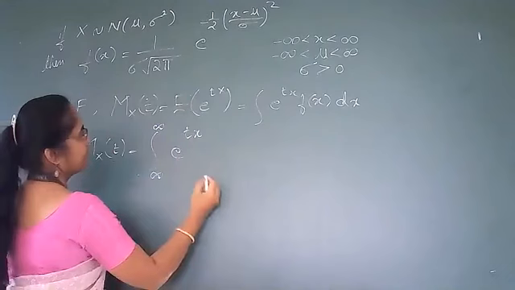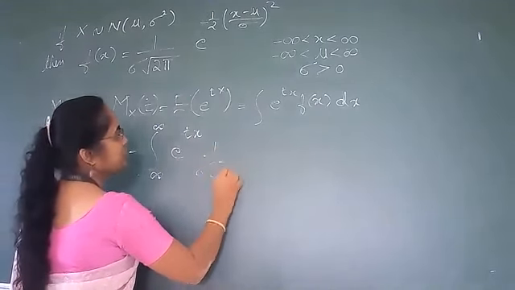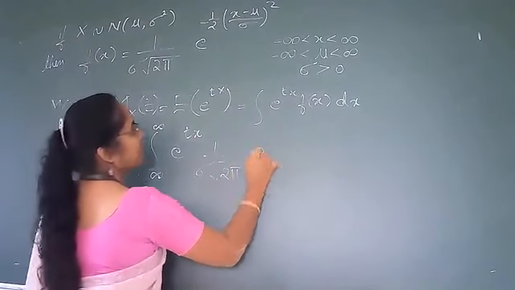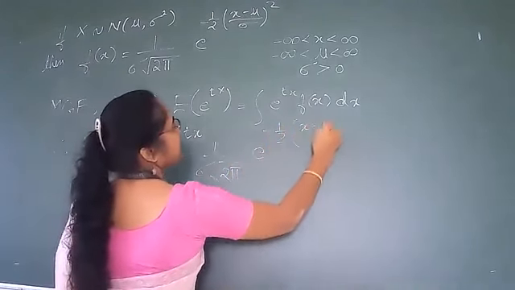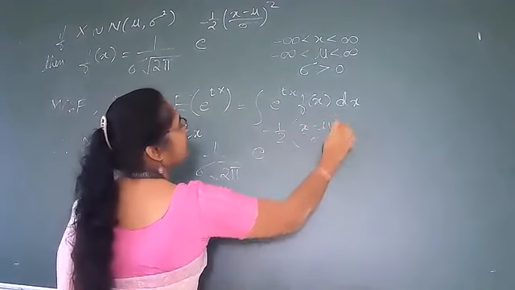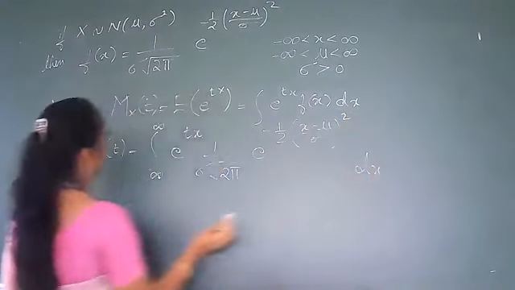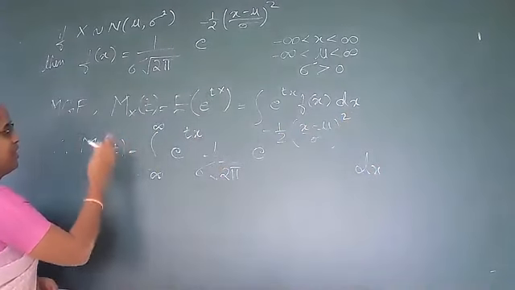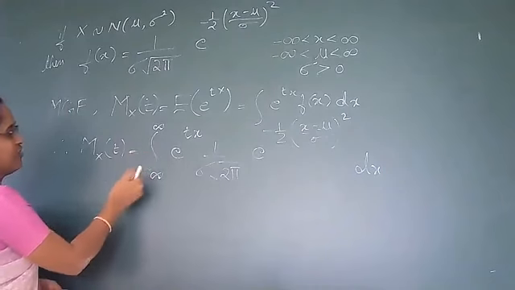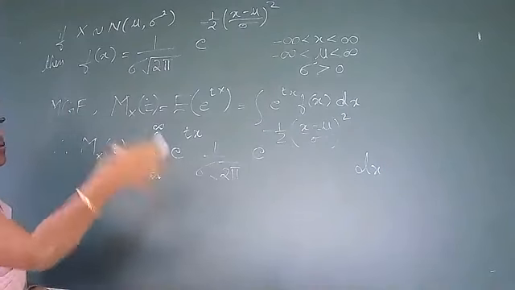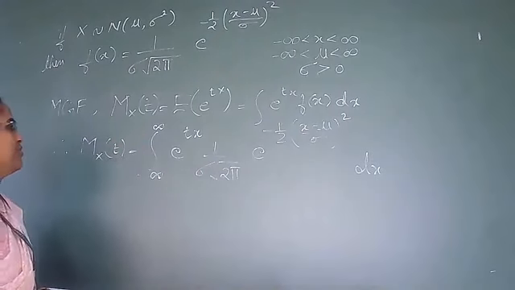We take the PDF down here: 1 upon sigma root 2 pi e raised to minus 1 half ((x minus mu) upon sigma) the whole square, dx. We are going to start off with this and derive it down to a particular formula which we will always use whenever we are talking about the MGF of a distribution.